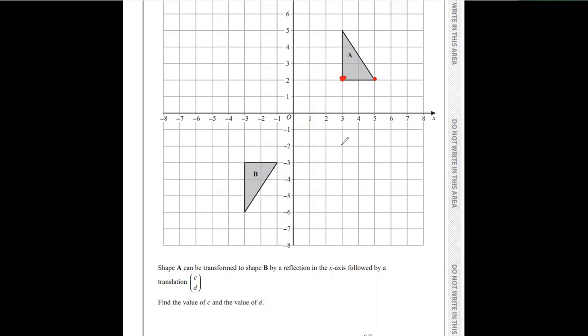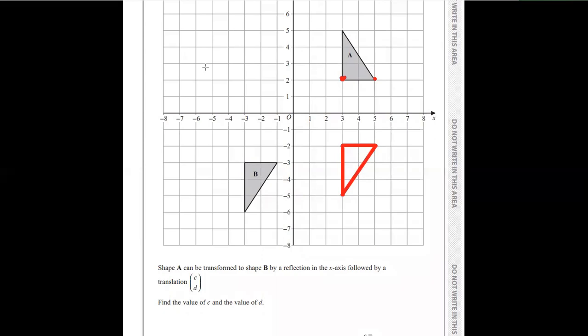So we need to go 2 down there, and 2 down, and 1, 2, 3, 4, 5. And then I need to just join these points up. So the shape is first reflected. After the reflection, the shape will look like this.